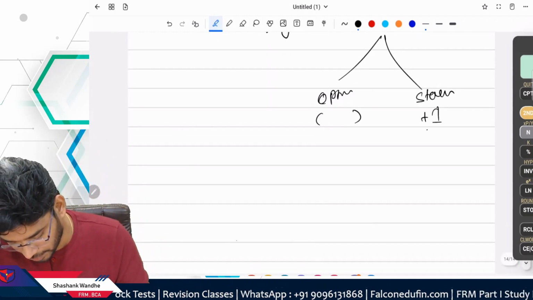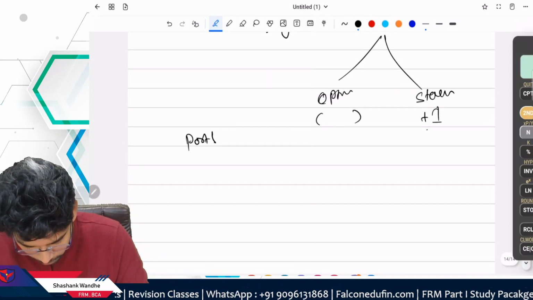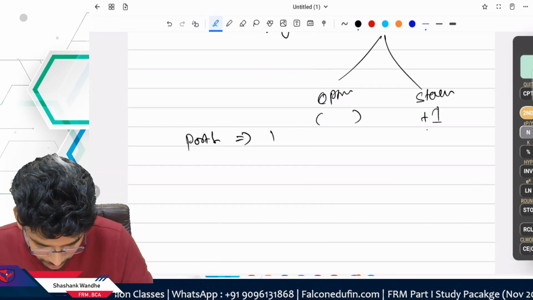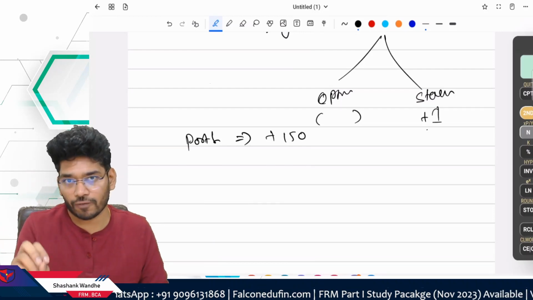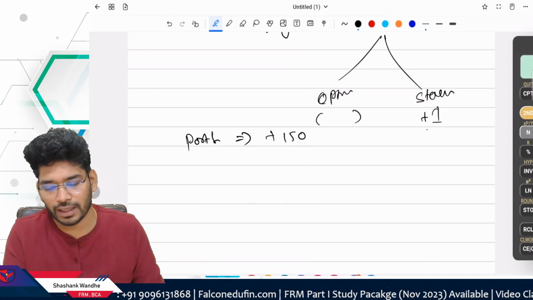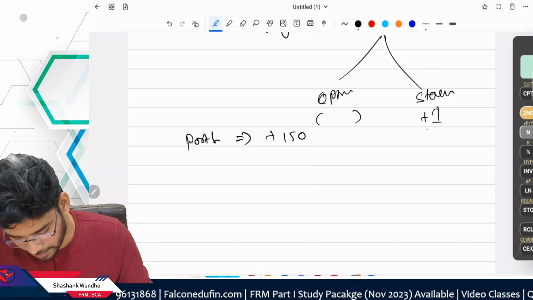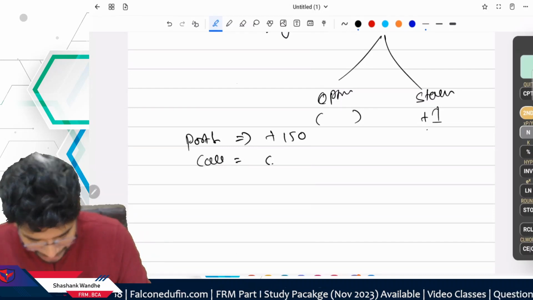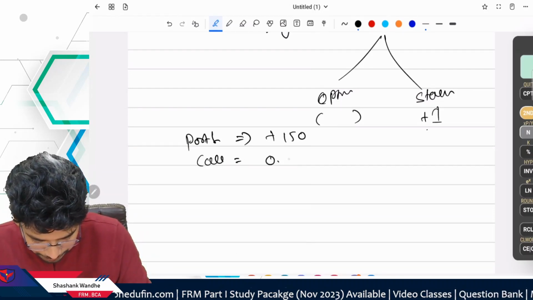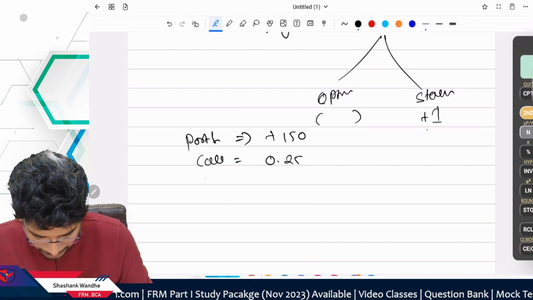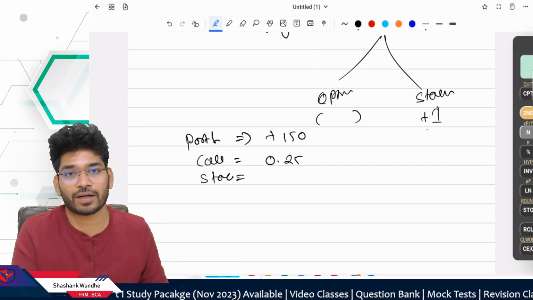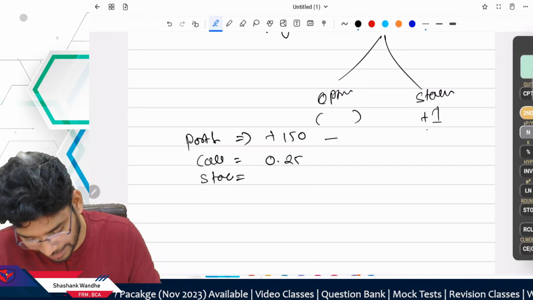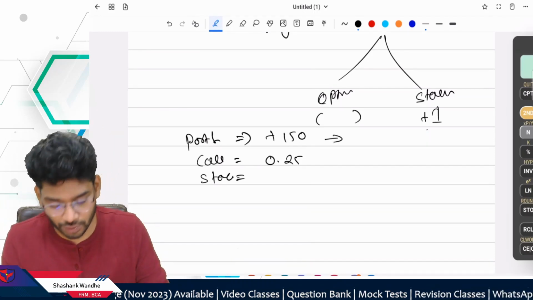Now see here. If you have one particular portfolio and the position delta of this portfolio is 150, you are provided with, say, one call option which has a delta of 0.25, and there is also stock, and you are asked to make this portfolio delta neutral. Hedging delta means making portfolio delta neutral.